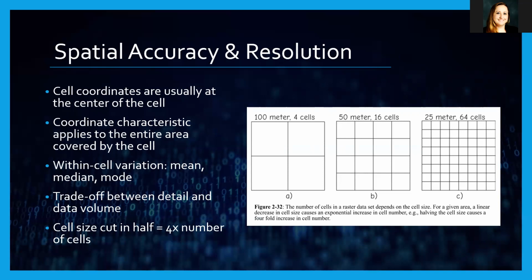The number of cells needed to cover a given area increases 4 times when the cell size is cut in half. Smaller cells provide greater spatial detail, but it causes the dataset to increase significantly in size. That not only increases the amount of space it takes up on your computer, but also drastically increases the amount of time it takes to process.